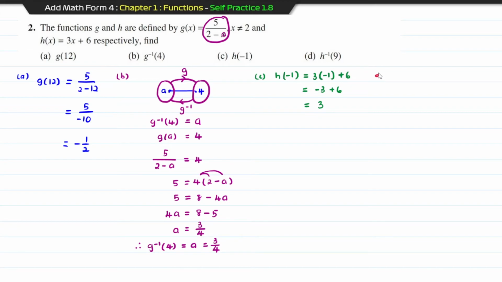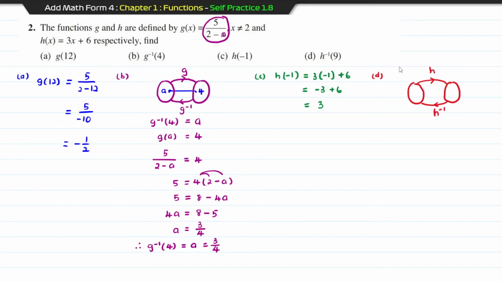For question D, it is the same as question B, right? The same concept. This is our function h, and this is the inverse of the function h. This number 9 is the input for the inverse of h, right? It's also the image for h.